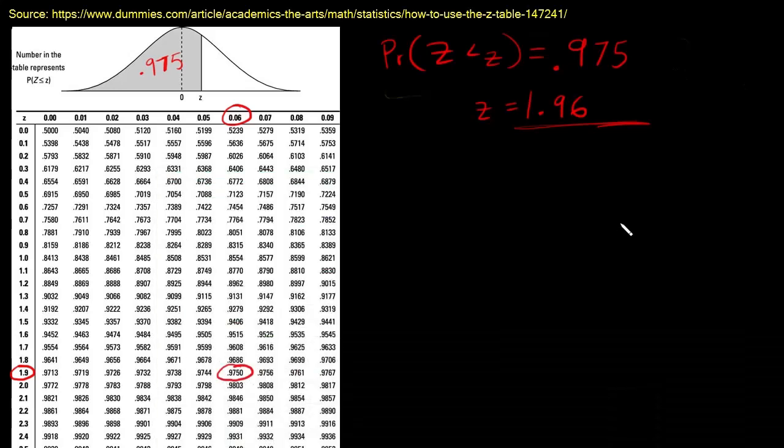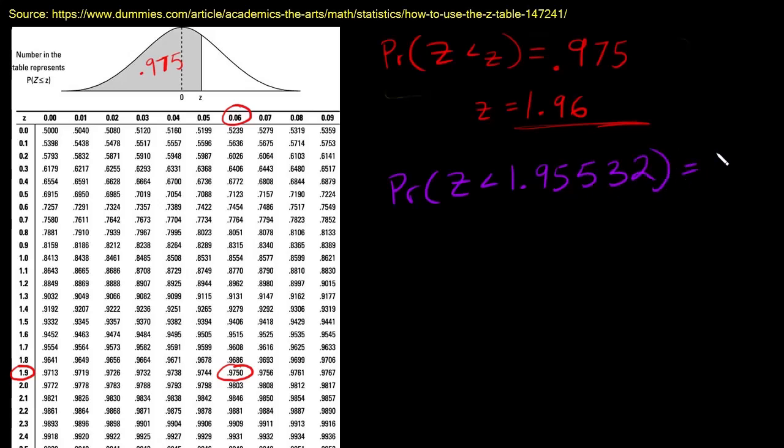Okay. Also, let's do another example. Suppose I want to find the probability that z is less than 1.95532.